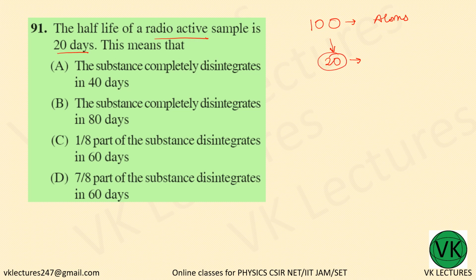This 100 atoms will become 50. This is what is meant by half-life. After 20 days it will become half. Again after 20 days it will again become half of what is left, so that will become 25. This goes on.